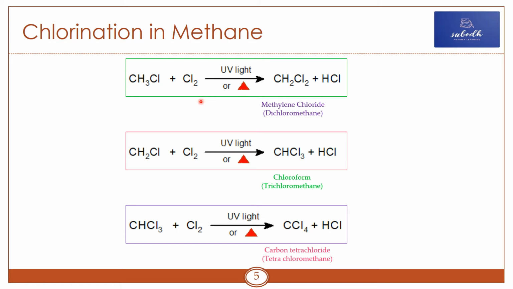The methyl chloride is the major product when methane is used in excess quantity, and the carbon tetrachloride is the major product if chlorine is used in excess quantity.